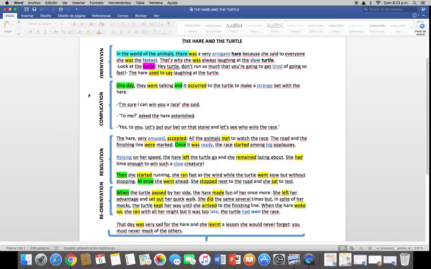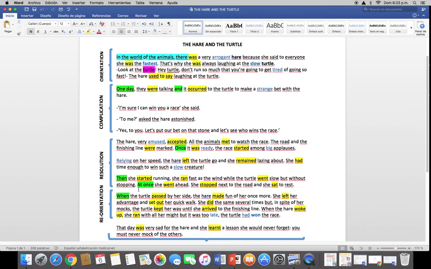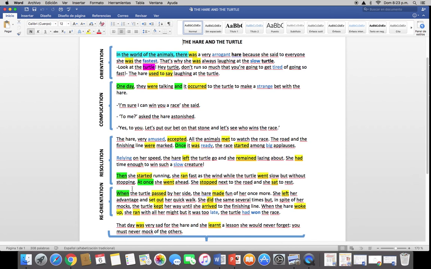Very well. We have the parts of the story. We have the orientation, the complication, the resolution, the reorientation, and finally the evaluation as we check before. We have the introduction and it presents the scene and the principal characters. Notice how most of the verbs used in this story are in past.